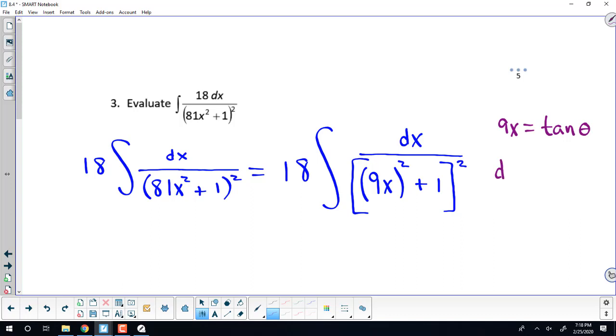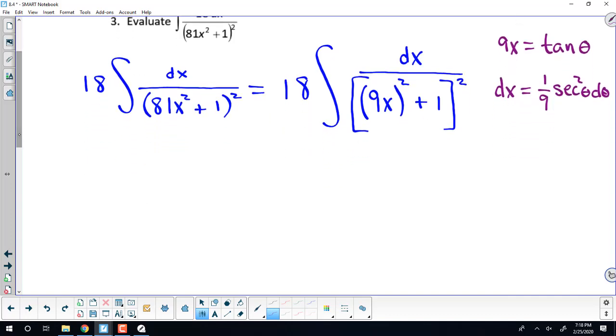And so dx would be 1/9 secant squared theta d theta, because x is tangent over 9. So at least that configuration's a little bit better because we can now use a trig substitution. The other one with the 1 over 81 is kind of weird.